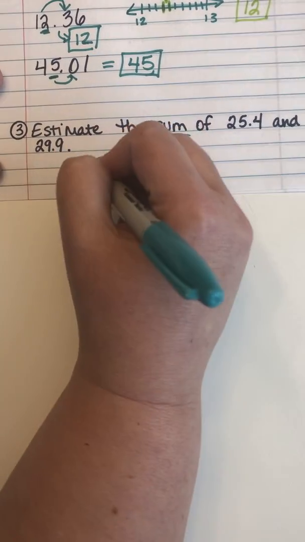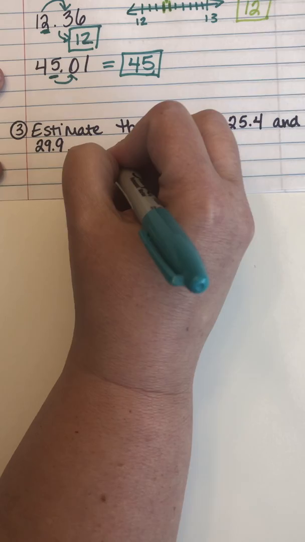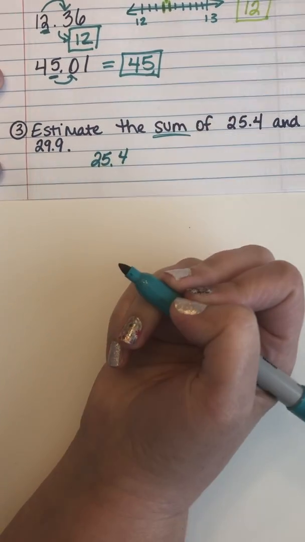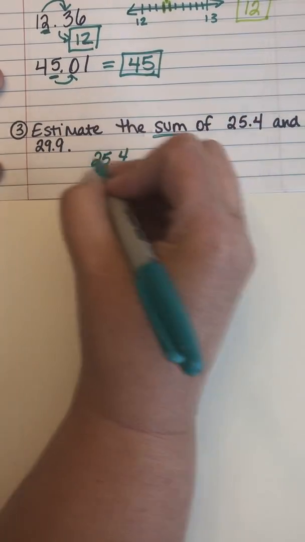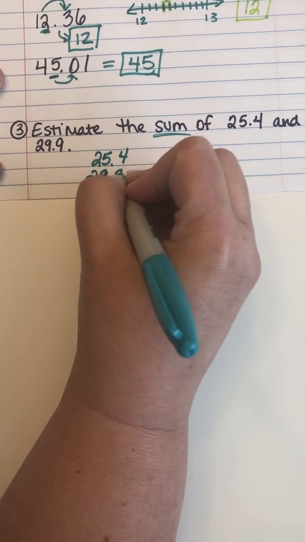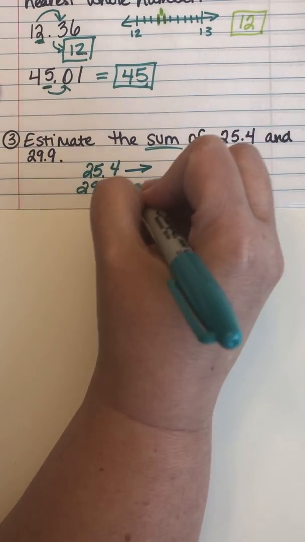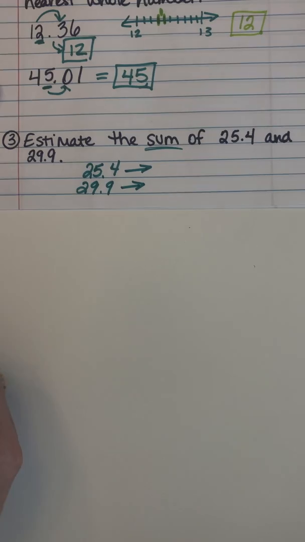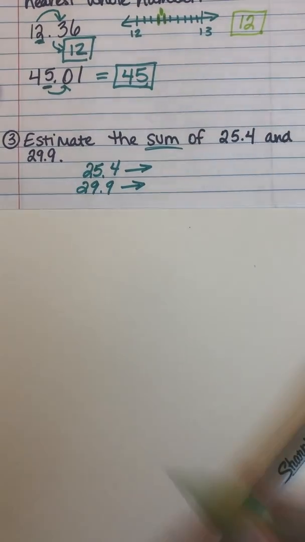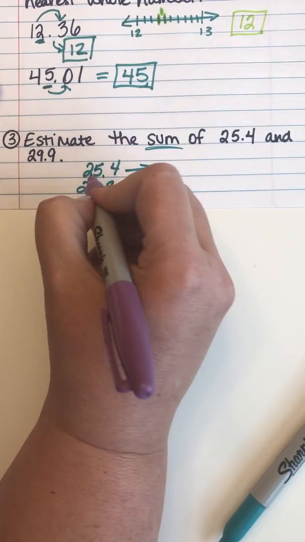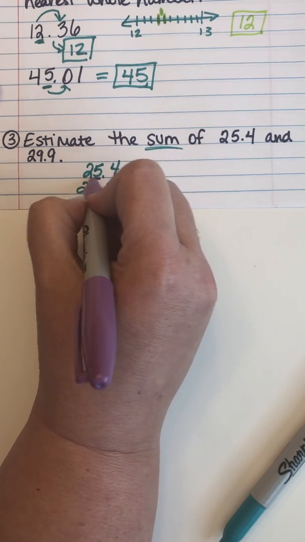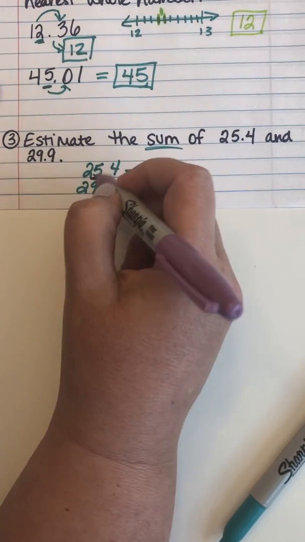So let's start with our first number, 25 and 4/10. And our second number is 29.9. Let's round those numbers. Looking at 25 to the nearest whole number, I'm going to be rounding this digit.